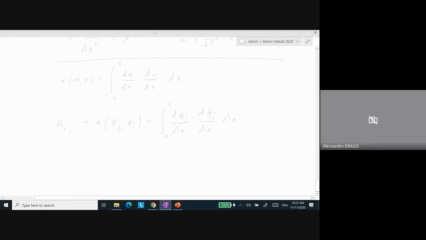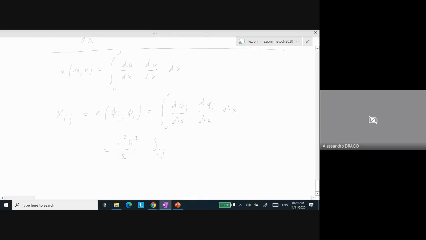This can be done analytically, and you get i squared π squared over 2 delta_ij.